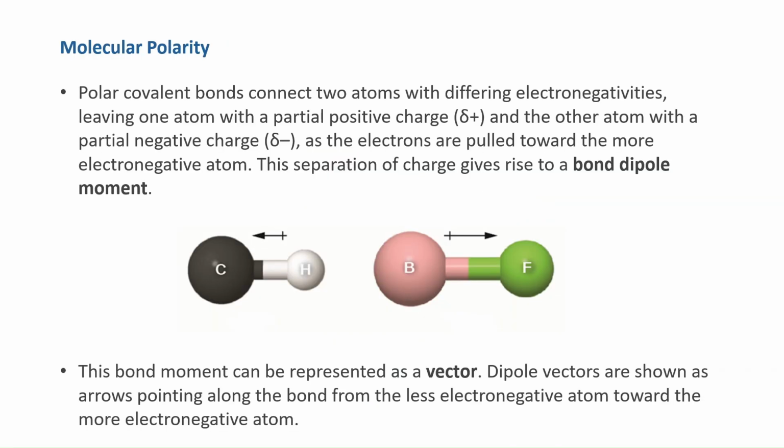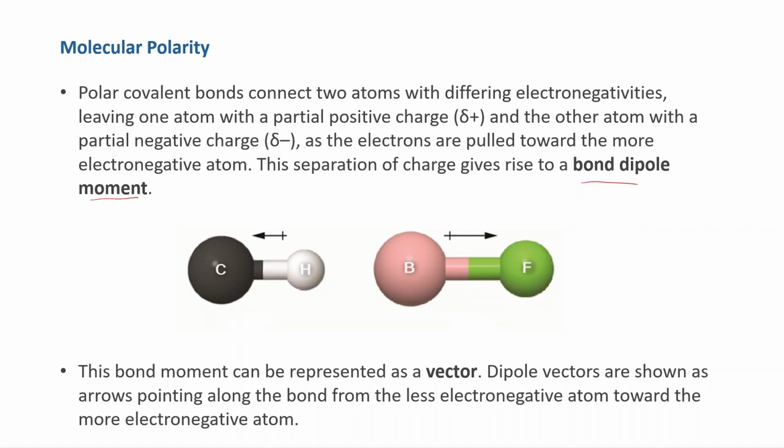Remember, we talked about polar bonds, and there's no need to repeat that. This is just kind of a reminder. When you have an atom that pulls on the shared electrons stronger, you get partial charges, and that causes a dipole moment. That's just a physical way of explaining, and it can be represented by a vector. Some people find it easy to understand that. I think I have an easier way to do it.